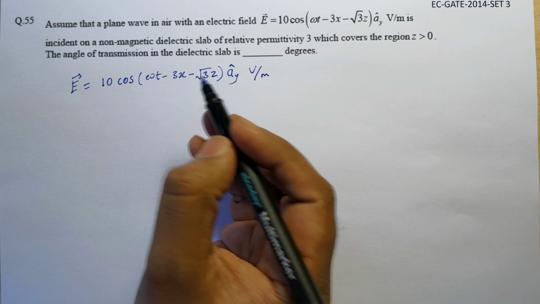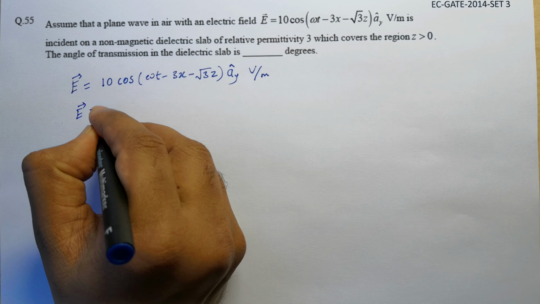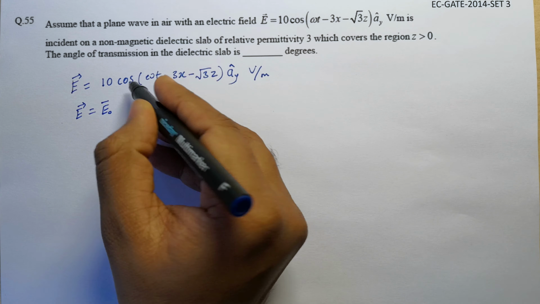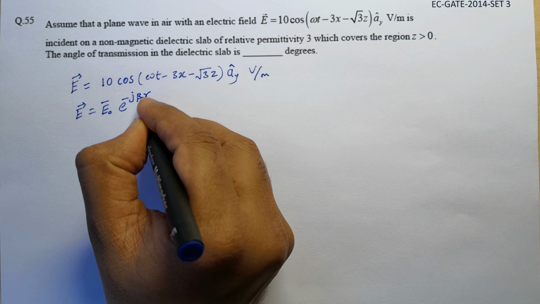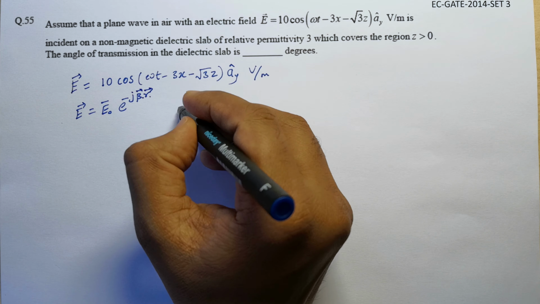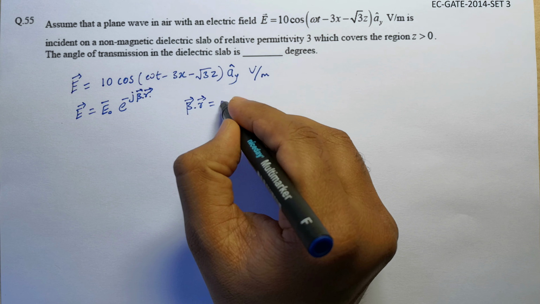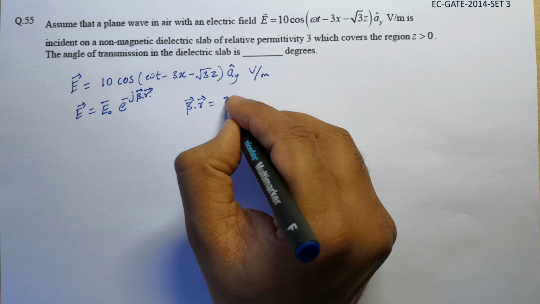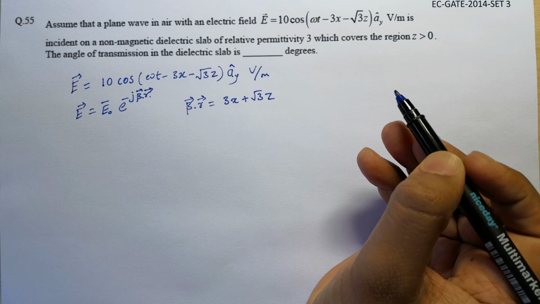Now, if we compare it with the standard electric field equation, E is equal to E naught e raised to minus j beta dot r, we know that the vector beta dot r is given as 3x plus root 3 z.